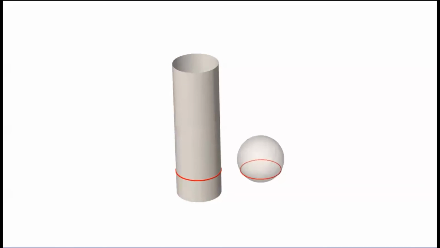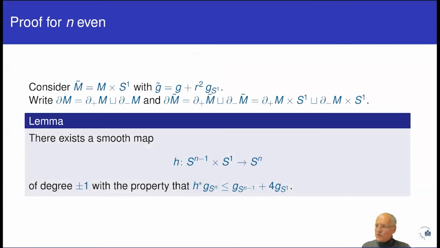And it's also easy to check that this bound on the metric is satisfied. Of course, you can write the formula down explicitly for this map. All right, so that's just an auxiliary map that we will need in order to map everything to the n sphere again in the end.